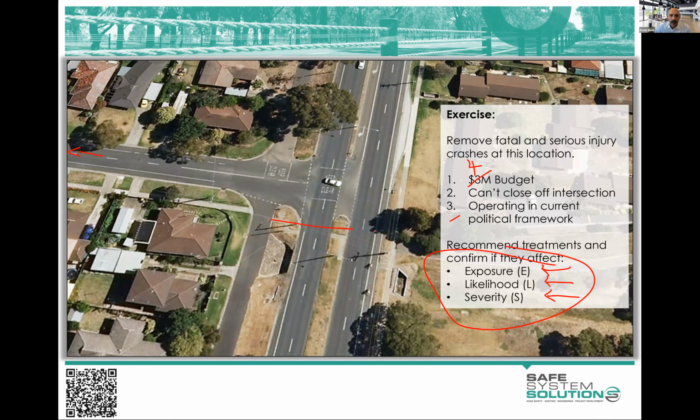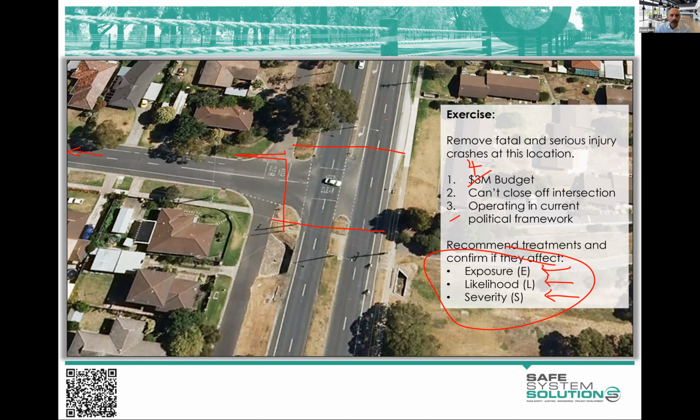If this was to be signalized, right? So traffic signals there, that influences the likelihood of crashes. Okay, and we only attribute it to likelihood of crashes. Why is that? Some people might be saying, but surely that's exposure and severity as well.